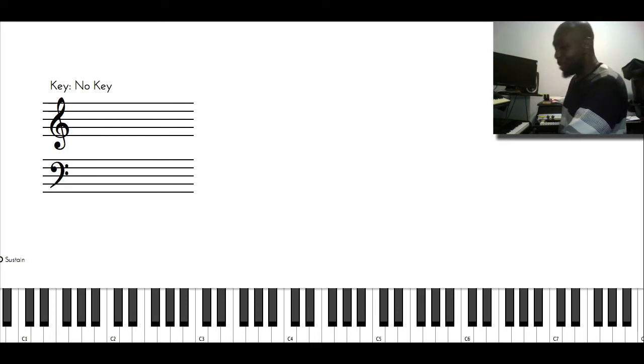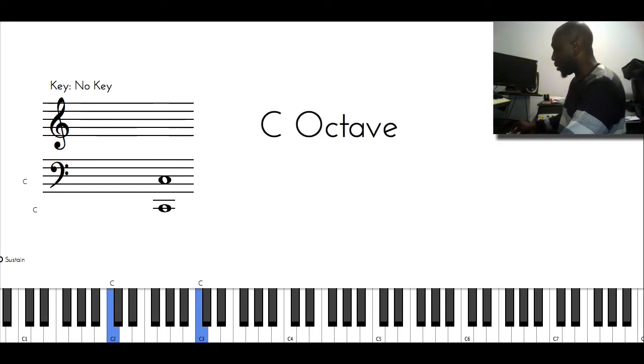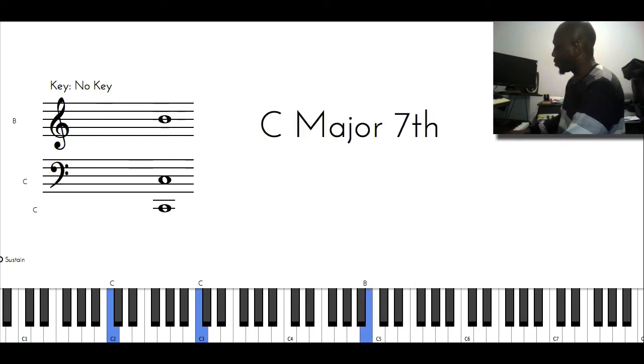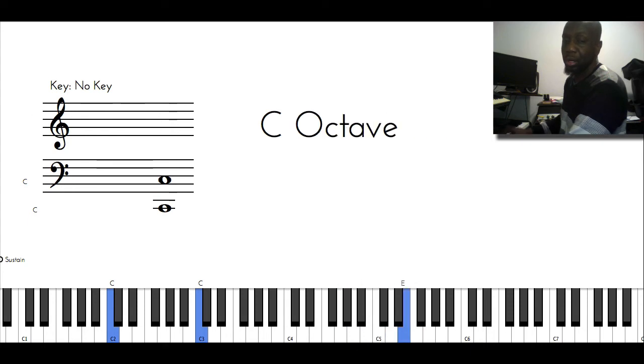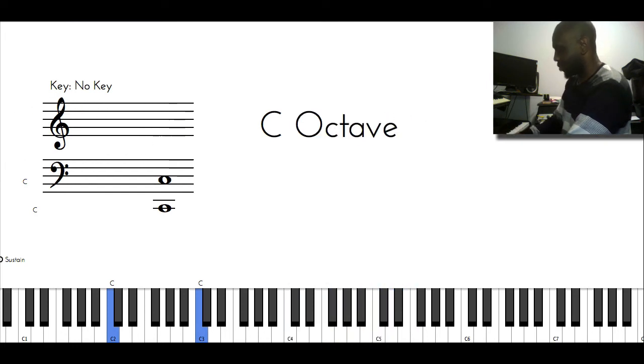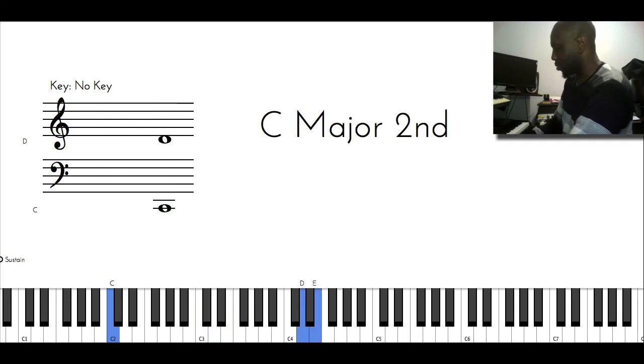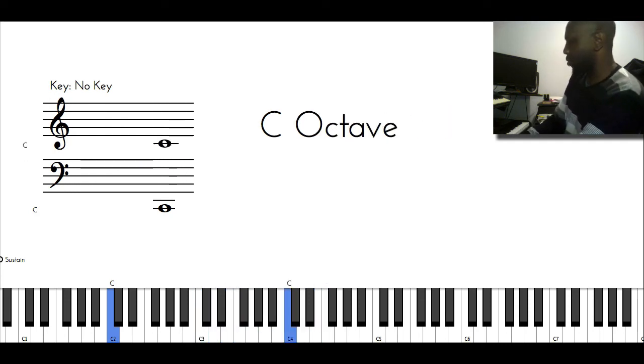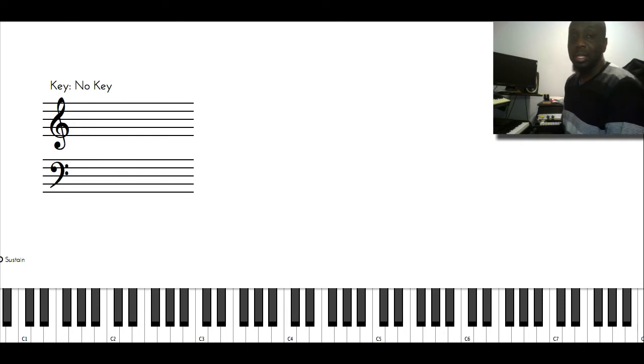So I'll have C as my bass, and I'll just come up with lines like, change the rhythm up a little bit. And this is all in the Ionian mode.